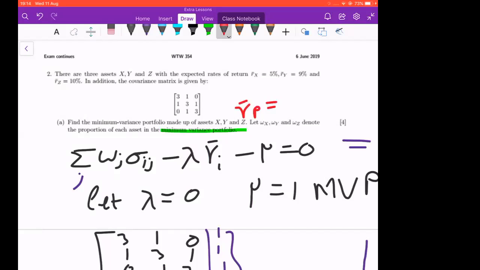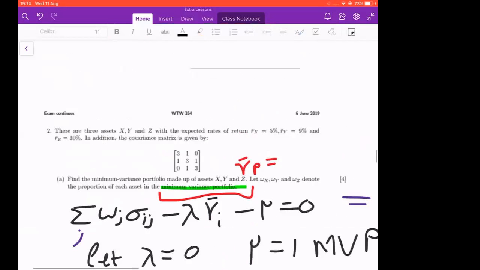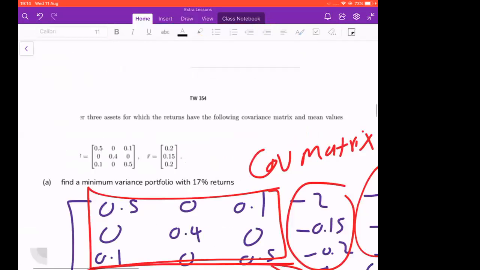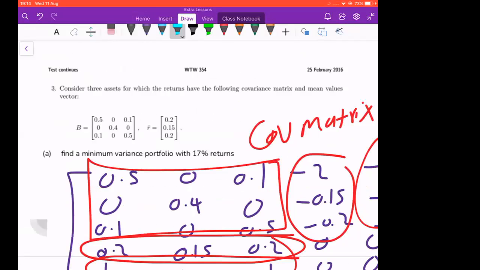In the earlier one, they want you to find the minimum variance where the return is going to be 17%.